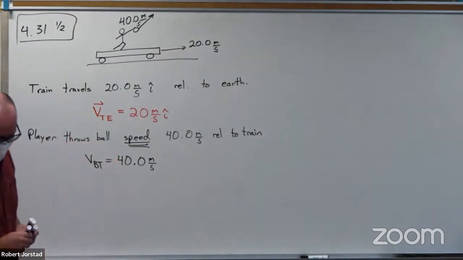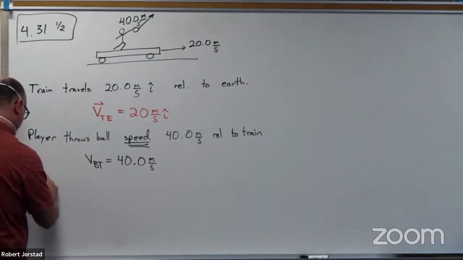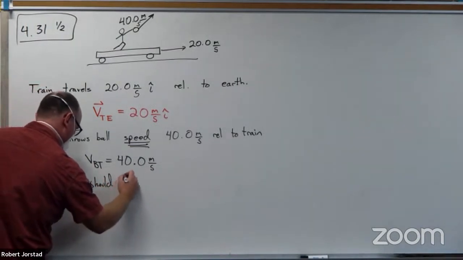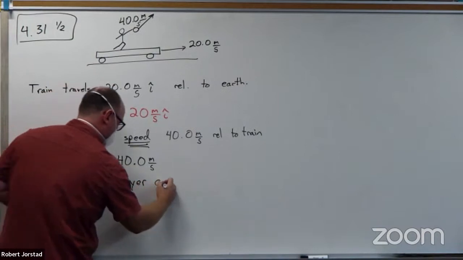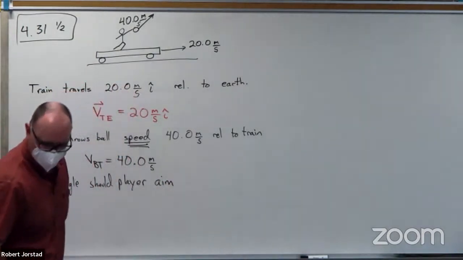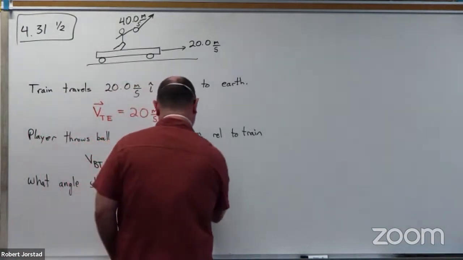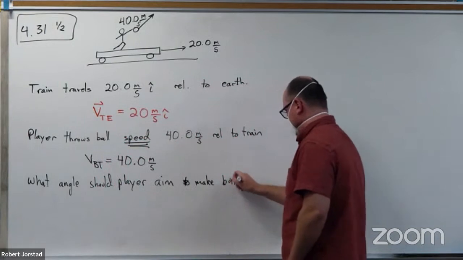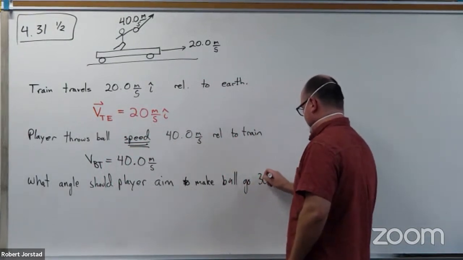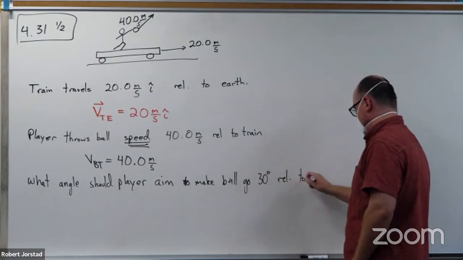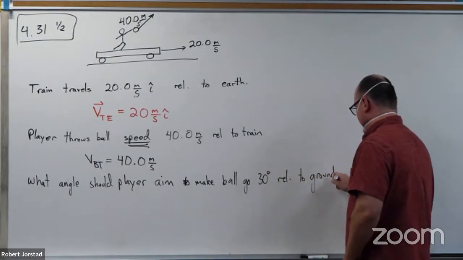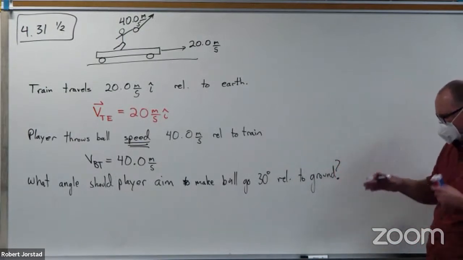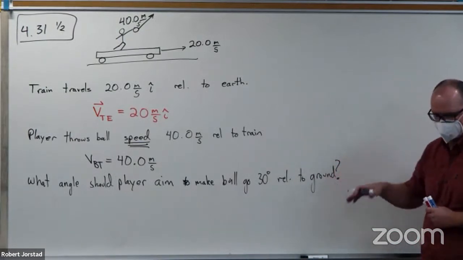Okay. Next. Almost out of here. We want to know what angle the player should aim to make the ball go 30 degrees relative to the ground.